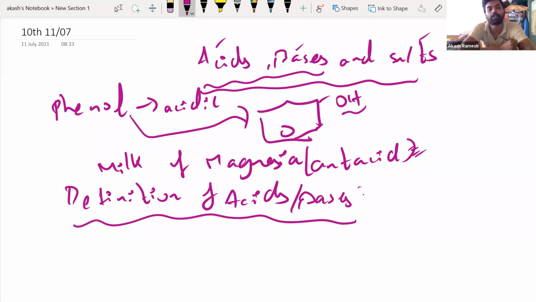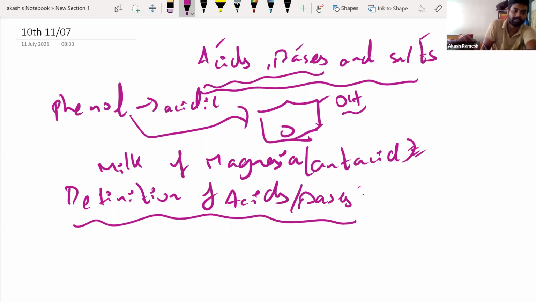But for now we'll look into the definition of acids and bases. Okay, guys, there are going to be three definitions, but again, only one definition is there in your syllabus, right? I'll give you all three definitions, but only one of them is going to be there for your 10th class. But when you come to 11th class, you will be using the other two definitions also.